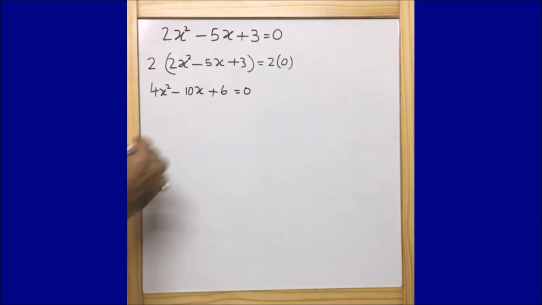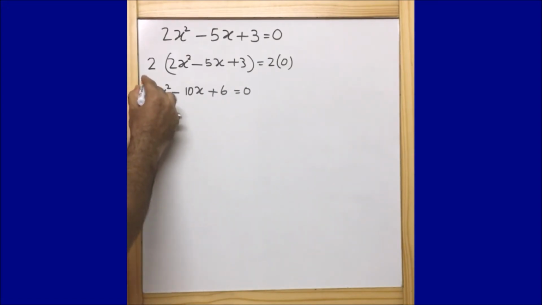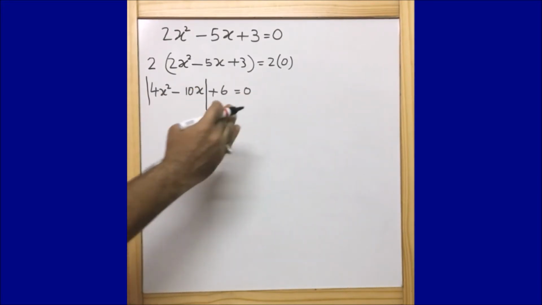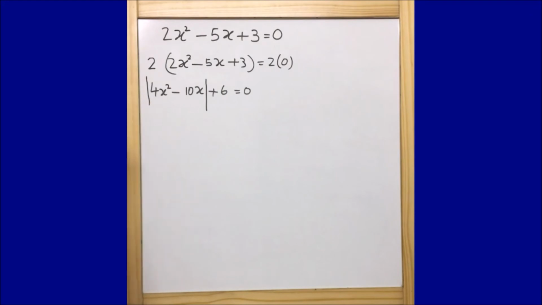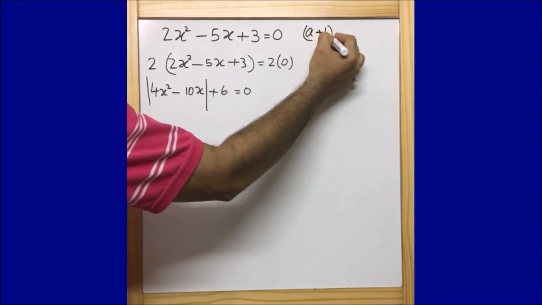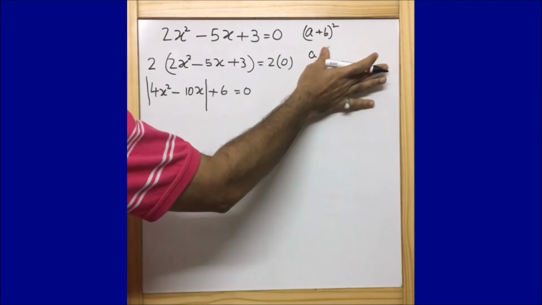Now we got a perfect square, that is 4x^2. If we take the square root of this, we will get 2x. Now let us consider these two terms and keep this plus 6 a little bit aside. Completing the square method means we are going to see whether our equation satisfies the condition like (a + b) whole square or (a - b) whole square.